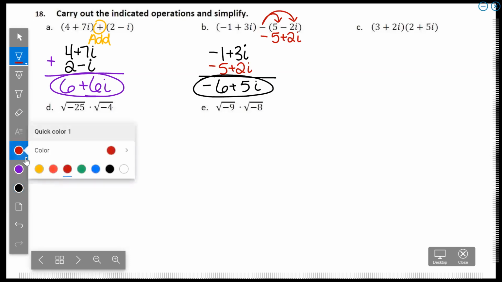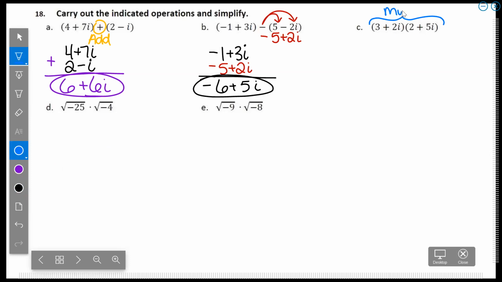What operation is going on in part C? That one is multiplication. So I'm going to use double distribution here. I'm going to take this 3 and distribute it to the 2. So that would give me 6. 3 distributes to 5i. I get 15i.